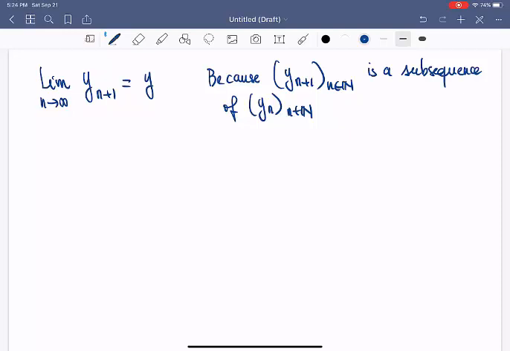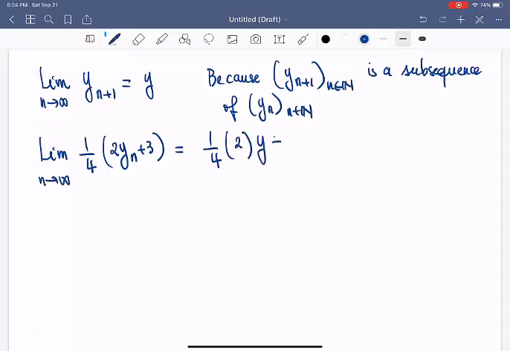Okay, now the limit of 1 over 4 times 2 y sub n plus 3 as n is approaching infinity is going to be equal to 1 over 4 times 2y plus 3, so that'll be just 2y plus 3 over 4.